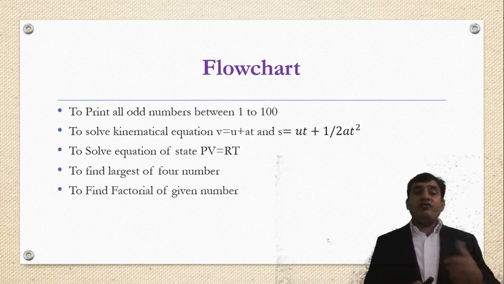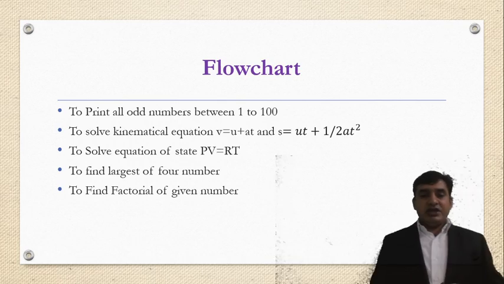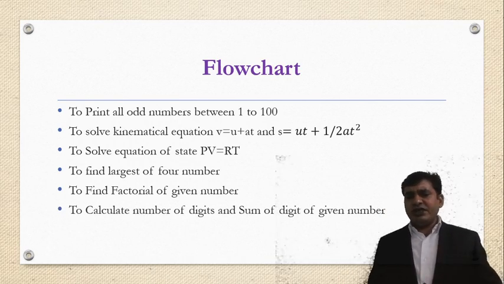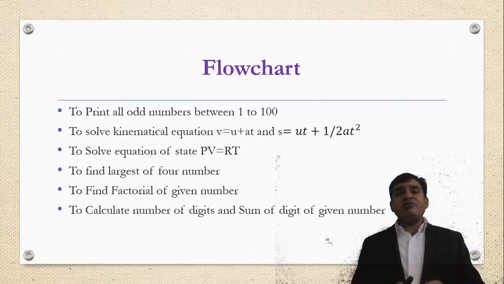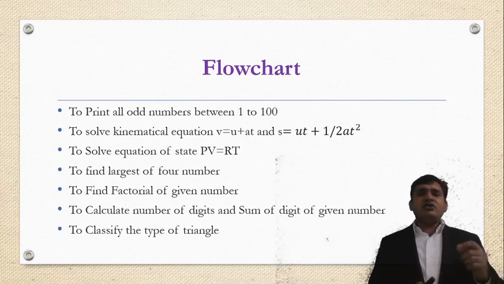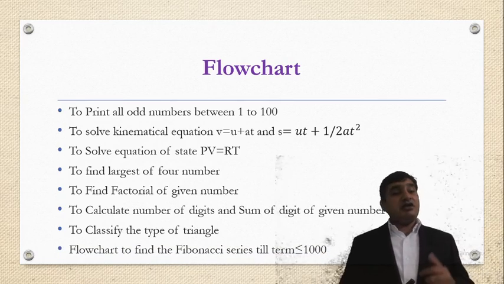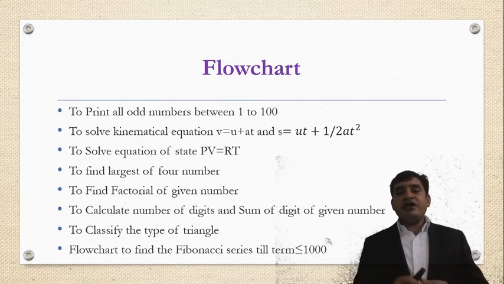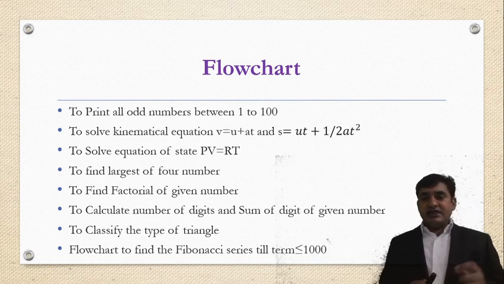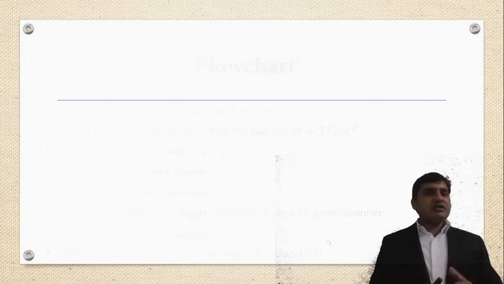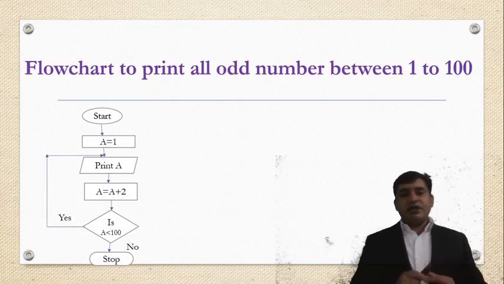Next is to find the factorial of a given number. Next flowchart is to calculate the number of digits and sum of digits of a given number. Then next is to classify the type of a triangle, and the last flowchart is to find the Fibonacci series till the term less than or equal to 1000. So we have to see one by one.